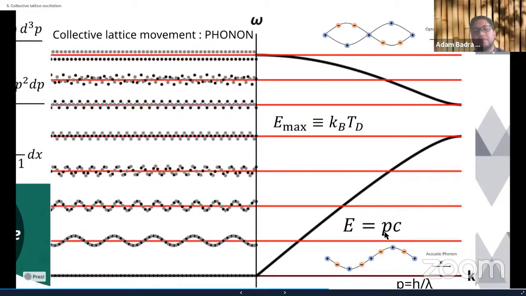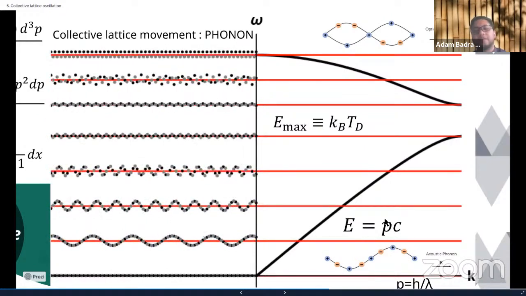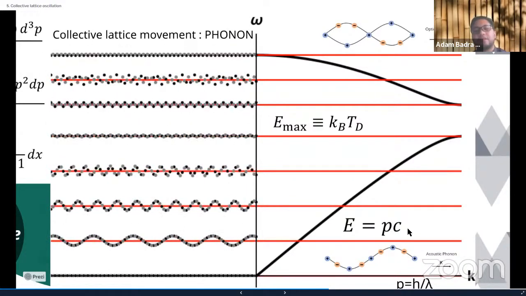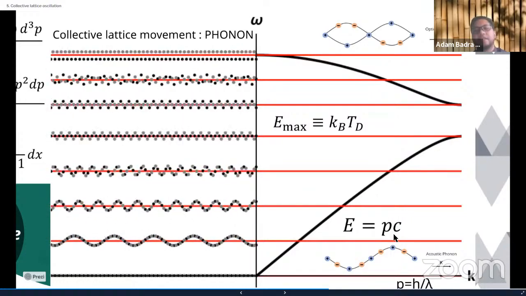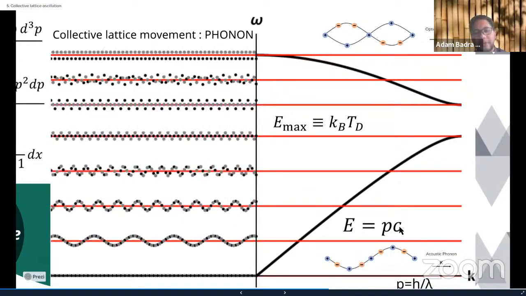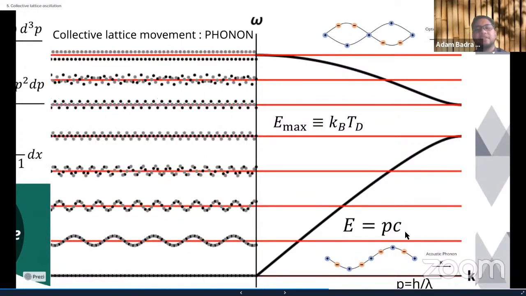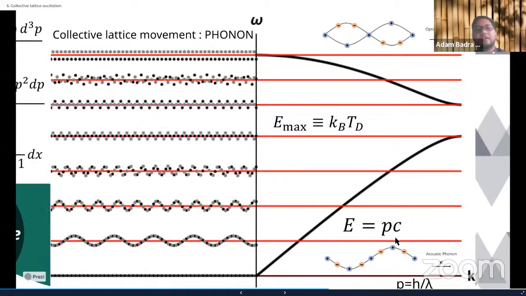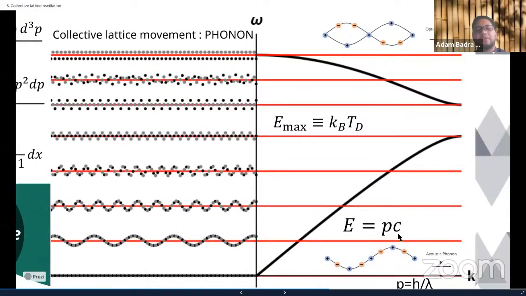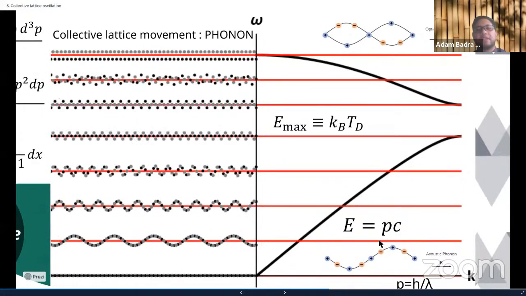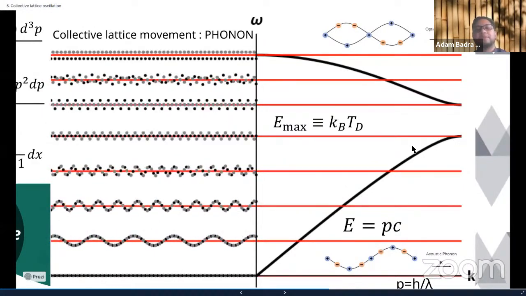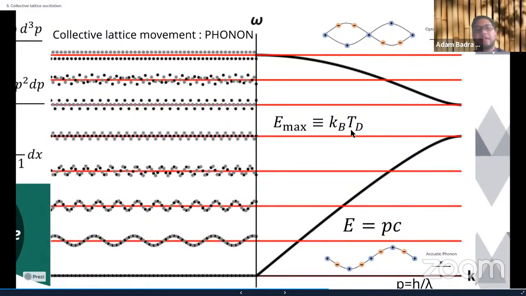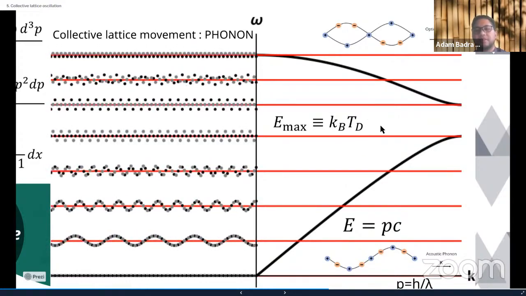So we can assume that E equals pc, where p is the momentum, and this c is not the light velocity. For black-body radiation it is the light velocity, but here in solid, c is the velocity of sound. There is some maximum, so we assume a maximum energy characterized by the Debye temperature, and this Debye temperature is important.